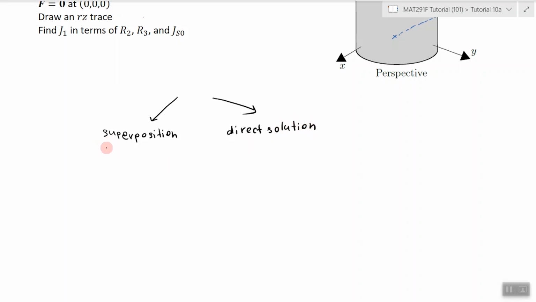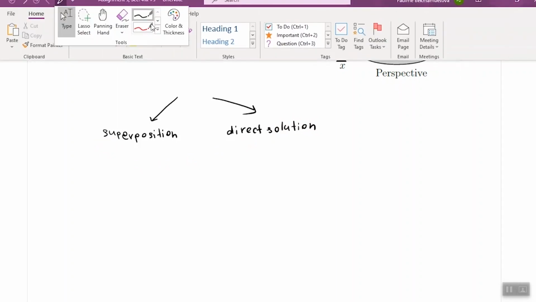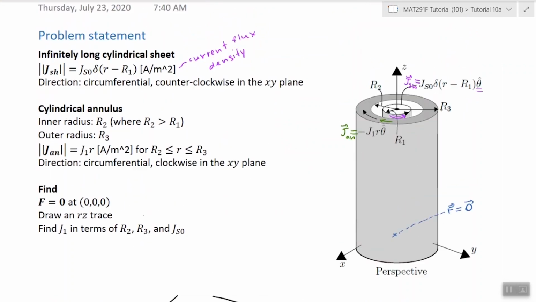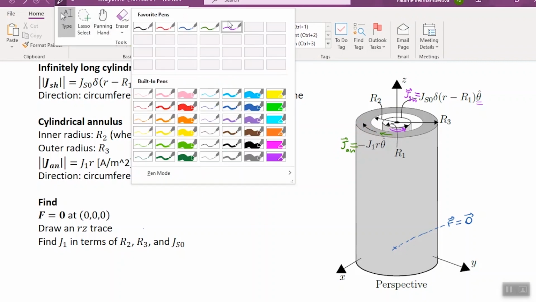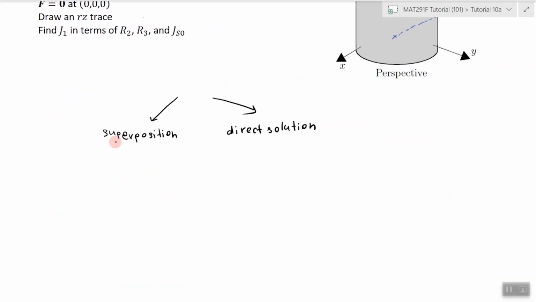To solve this problem using superposition, you would first break the problem into two. You would first pretend that the only thing existing in the universe is this annulus, for example, or maybe the sheet. Let's start with the sheet. So you would formulate the problem imagining that sheet is the only object, and then you would set up your Amperian contour.